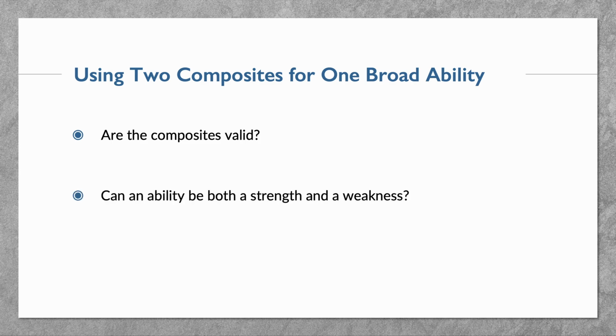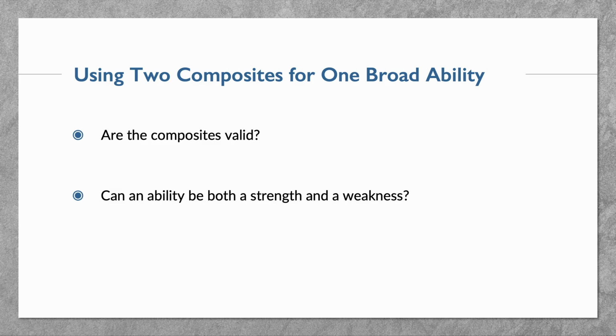My second question is, can an ability be both a strength and a weakness? As soon as you start dividing an ability into its parts, you're not talking about the same ability anymore, right? You know, it's like spreading peanut butter on a slice of bread and jelly on another slice of bread and calling them both peanut butter and jelly sandwiches.